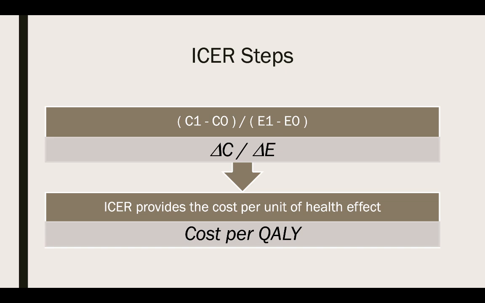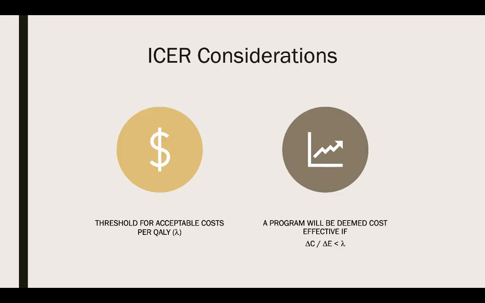So if we go back, there's a cost per quality. Well, where's our bar? We're going to call that lambda, and our program, our project, our treatment, whatever it may be, is cost effective if that cost per quality, that change in cost over change in effect, is less than whatever we have defined as our threshold.